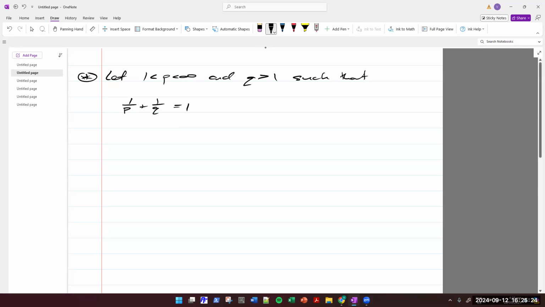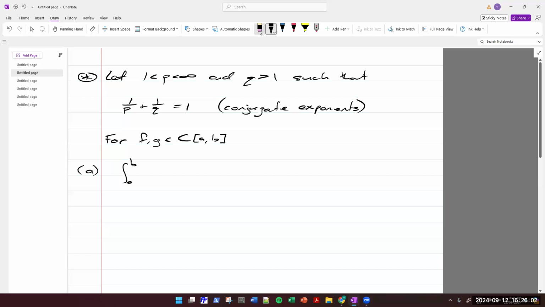When you have two numbers like this, they are called conjugate exponents. So for f and g in the continuous functions on the closed interval [a, b], the first thing we want to prove is that the integral from a to b of... okay, instead of f and g as in the notes, let me stick to x and y.